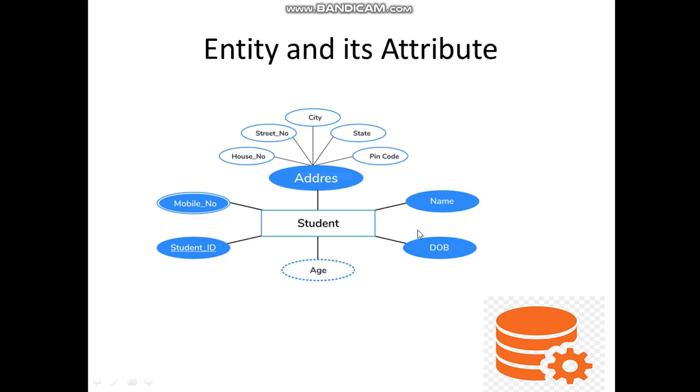What is name and date of birth? These are my simple attributes. So look at the diagram carefully and understand all the concepts of derived, key attribute, multi-valued attribute, composite attributes, and the simple attributes. Clear with all the concepts of attributes?